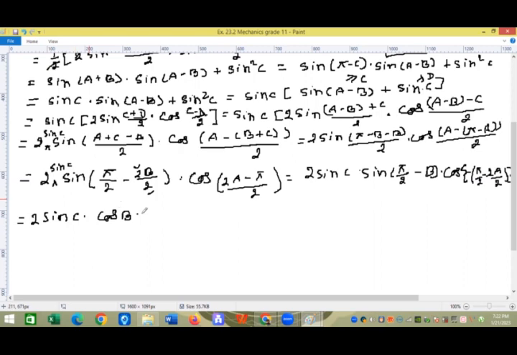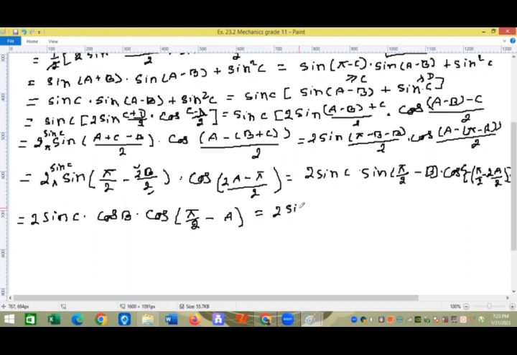Applying the same sense here, the 2 and 2 cancel from denominator and numerator, so you are left with A. Cos 90 minus theta is sine theta, so here it is sine A.